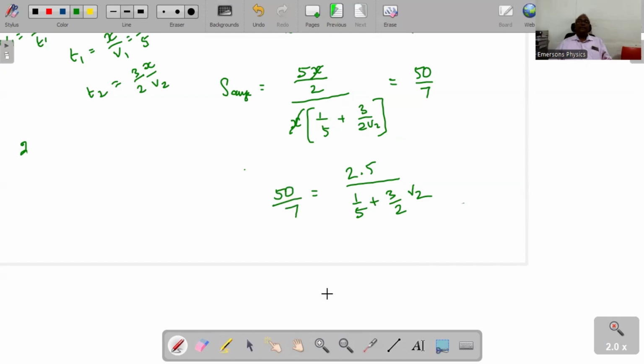Average velocity is 50 by 7. It is given as 2.5. So when you cross multiply, it will become 50 by 7 into 1 by 5 plus 50 by 7 into 1.5 by V2.